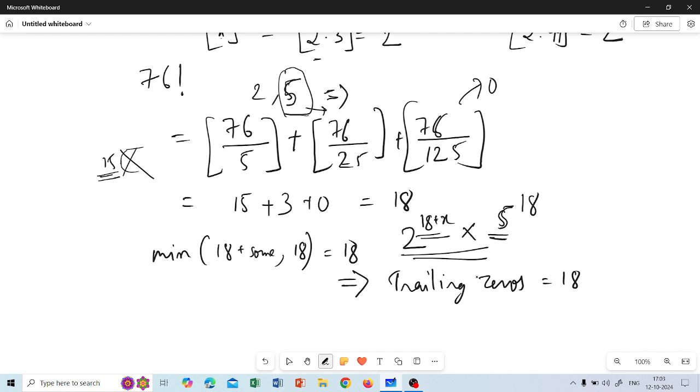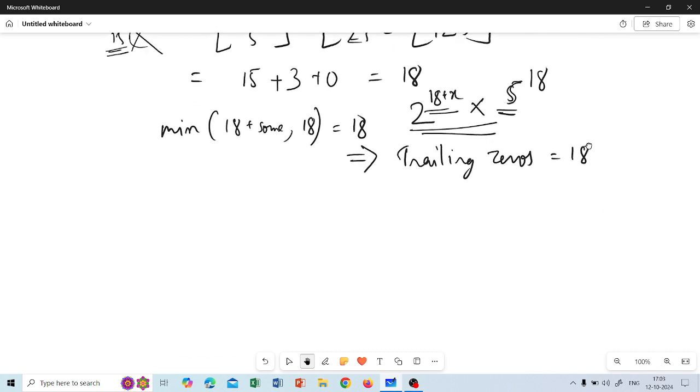So this is a good example. But again, this method also seems a little tedious, because you write it again, divide and divide. So much time it will take. Let me take another example to show you. I want to find the number of trailing zeros in 124 factorial.